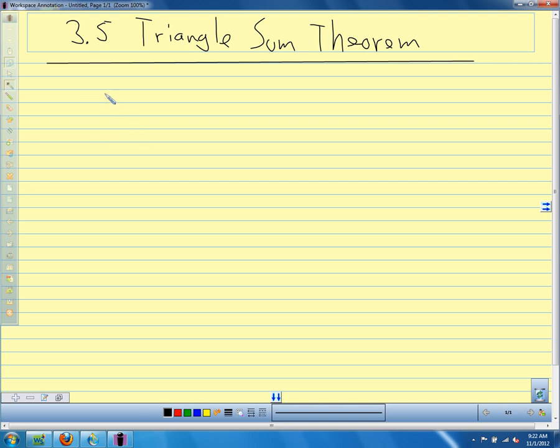So let's write the parallel postulate. And this might not seem like it has anything to do with triangles, but it turns out that it does.